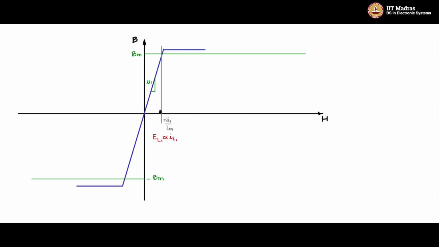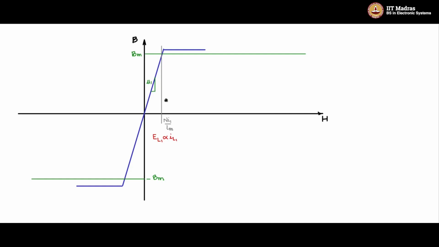But if you start going further on into the x-axis, the core will reach saturation, it will start to flatten out, and there is no induction, and therefore permeability is 0. So how do you still keep the flux in operation without saturating the core and still be able to store larger energy? So let us see what happens when you reduce the permeability mu.